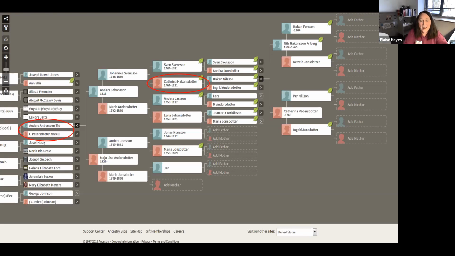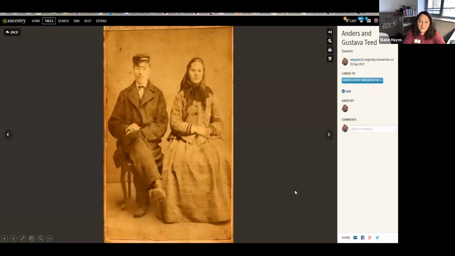I don't think I would ever have figured this out, just because all the records are in Swedish, and I don't live in Sweden, I don't speak Swedish. But Monica helped me out with that by just talking to her. Actually, this is Anders and Gustava Tied, which was found from FamilySearch.org, another genealogy website.